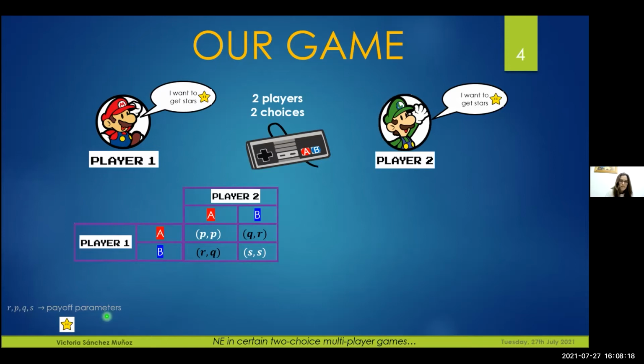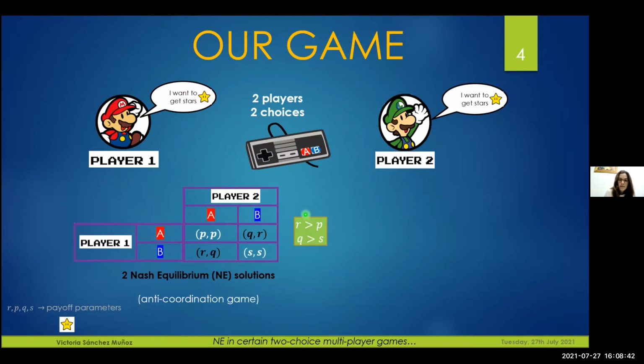We will assume the relation that R is greater than P and that Q is greater than S. What this means is that we have two Nash equilibrium solutions for this game. What is a Nash equilibrium solution? It is a configuration of strategies in which no player wants to unilaterally deviate from it.